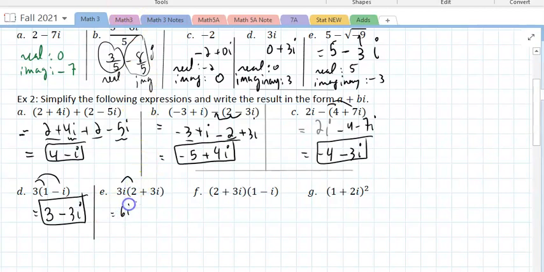Six i plus 9i squared. And remember, you only need to memorize that the square root of negative 1 is i, and i squared is a negative 1. So that becomes a 9 plus 6i.